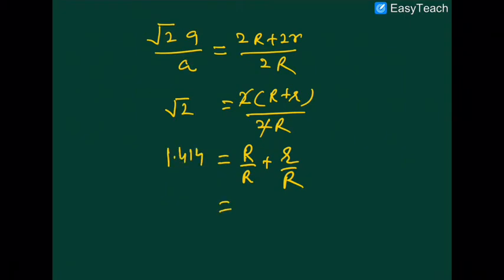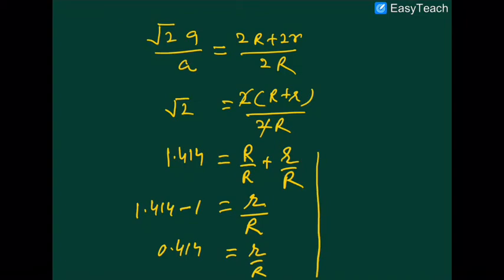So R by R comes out to be 1, so it is minus 1. Small r is the radius of the octahedral void by capital R, the radius of the atom comprising that particular lattice. So it comes out to be 0.414. So the radius ratio in this case comes out to be how much?